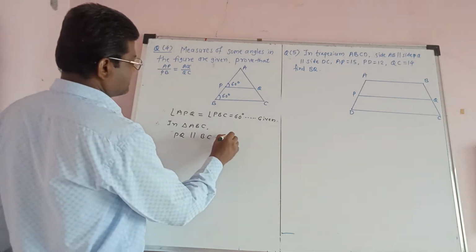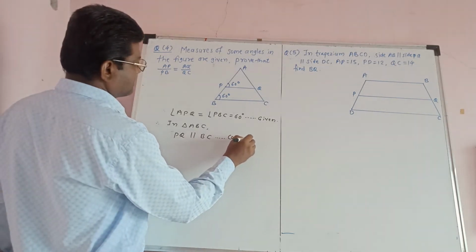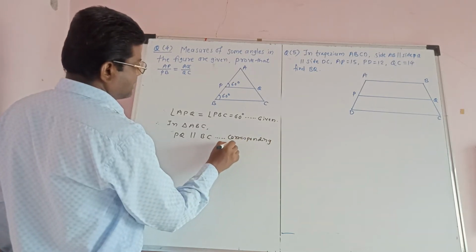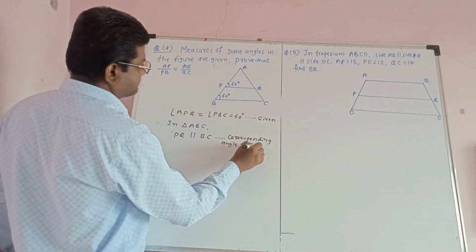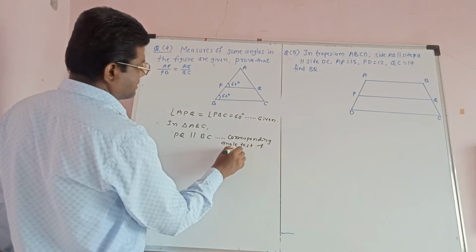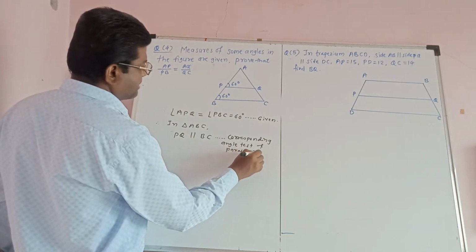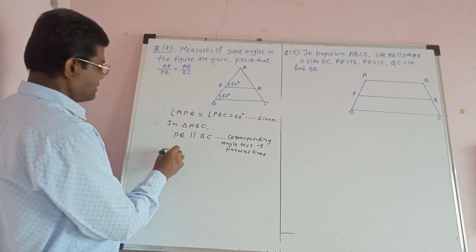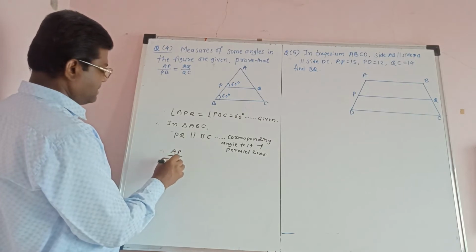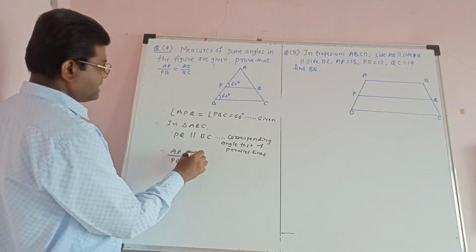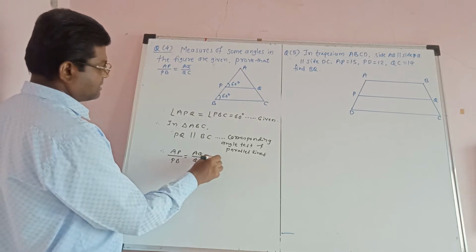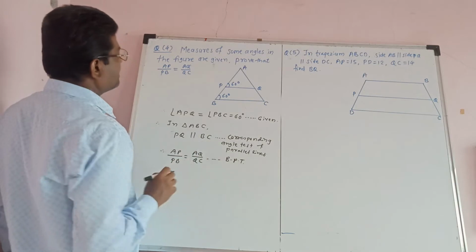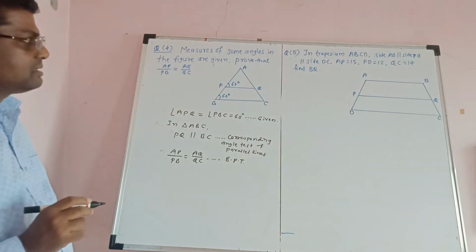Reason is corresponding angle test of parallel lines. Therefore, AP upon PB is equal to AQ upon QC. This is according to the BPT, basic proportionality theorem.